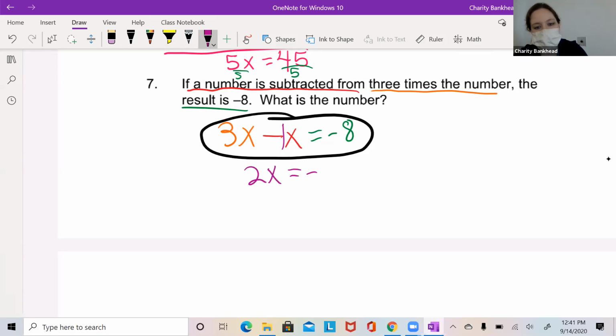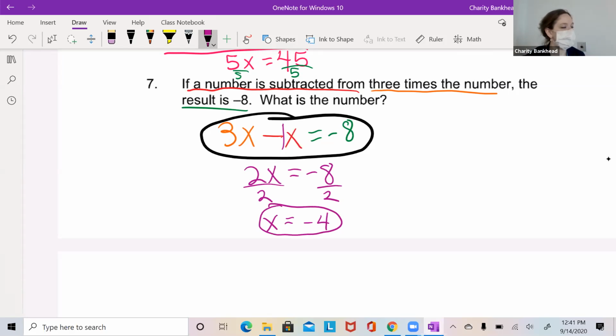So you have 2x equals -8, and then divide both sides by 2. So x equals -4. All right.